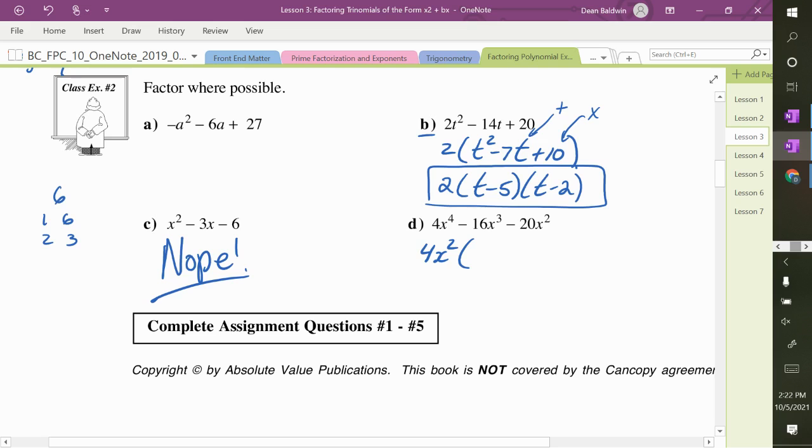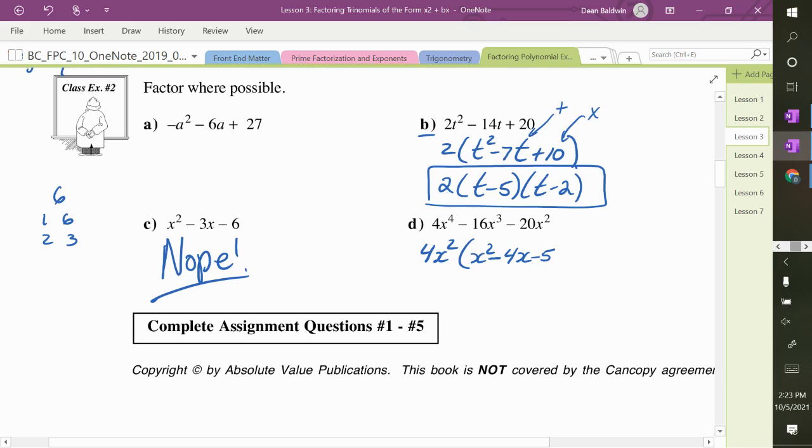How do you get what's left inside? You divide by what you took out. What's 4 divided by 4? 1. X to the 4 divided by x squared is x squared. 16 divided by 4. So negative 4. X cubed divided by x squared is x. Negative 20 divided by 4.